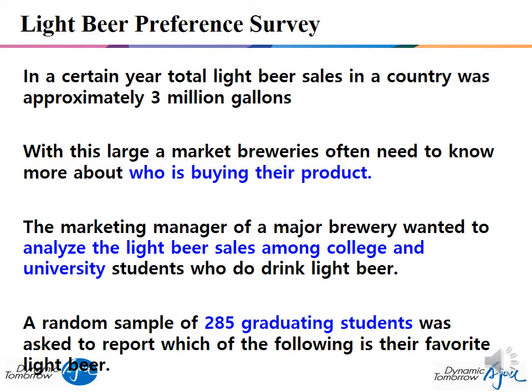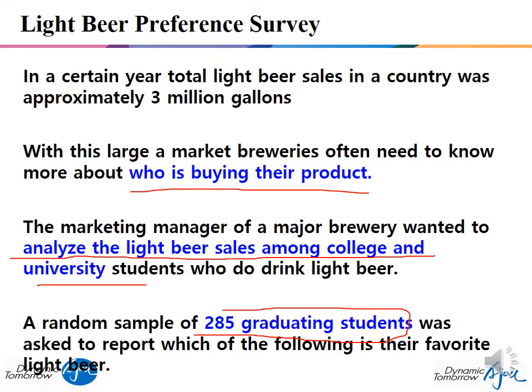With this large market, breweries often need to know more about who is buying their product. The marketing manager of a major brewery wanted to analyze, that's their goal, rye beer sales among college and university students who do drink rye beer. A random sample of 200 graduating students.